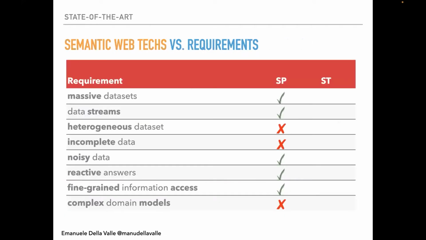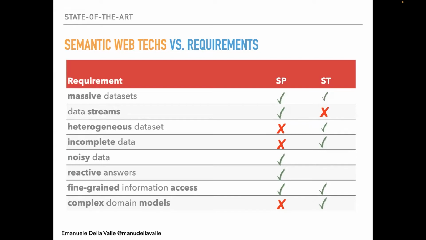Now, if you compare semantic technologies to the requirements, more or less you have the opposite as before, because semantic technologies are made to cope with heterogeneous, incomplete, complex domain models, and on the same side, they provide fine-grained information access, and they scale, with ontology-based access indeed being a way to scale to very, very large datasets.